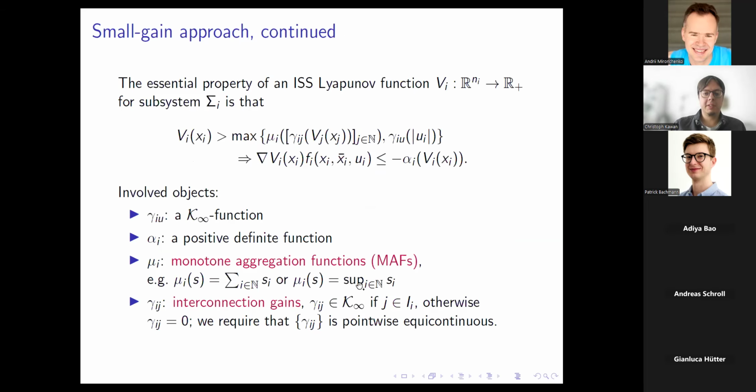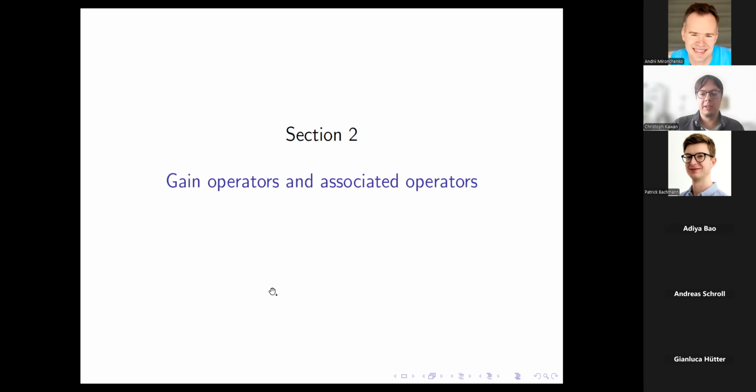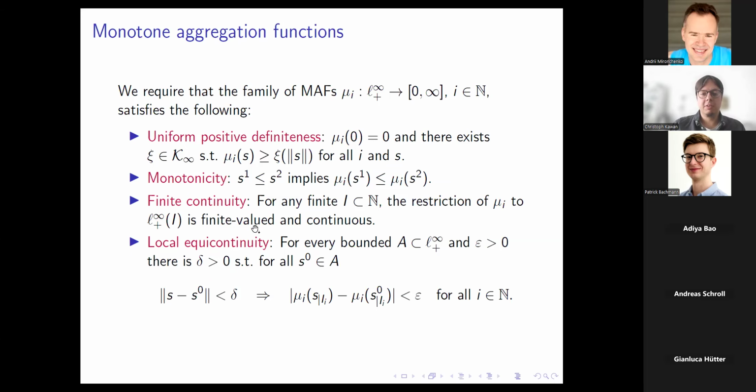So for instance, if you think of the sum, if I restrict this sum to vectors which only have finitely many components non-zero, then of course that's a continuous function and it's finite valued. But if I allow sums over all the components, then this can take infinite values. This can become infinite. So I have to make this restriction to say something about continuity. And this is this here.